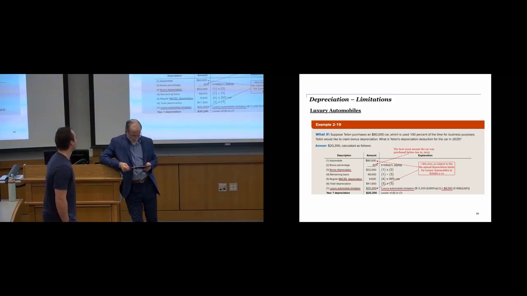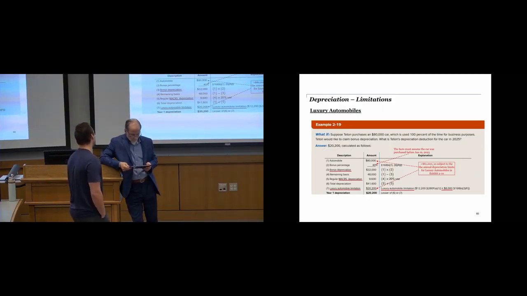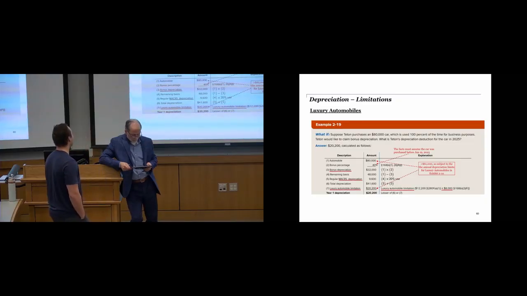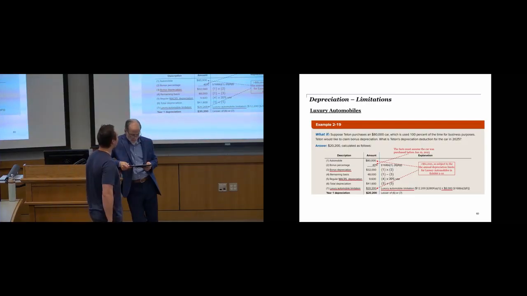So you can see that this problem takes us through a regular depreciation method, but since we know that this is a luxury automobile above the $61,000 limit, the annual deduction limit for luxury automobiles is, as all the previous tables showed, $12,200 plus a special depreciation of $8,000, which brings you to $20,200.